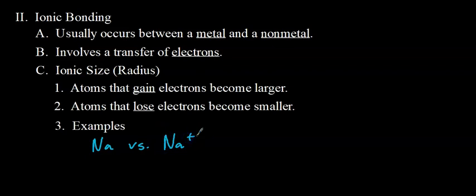Sodium, the neutral atom, versus the sodium ion. So Na+ is much smaller than Na. And then if we look at Cl versus Cl-, the chloride ion is much larger than the chlorine atom.